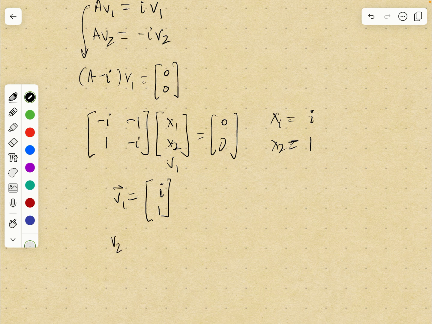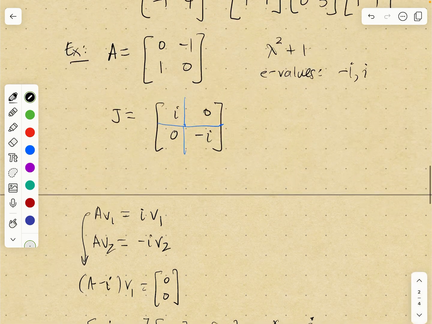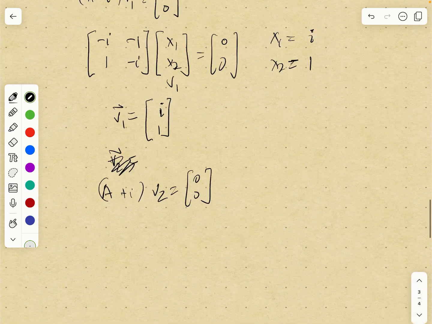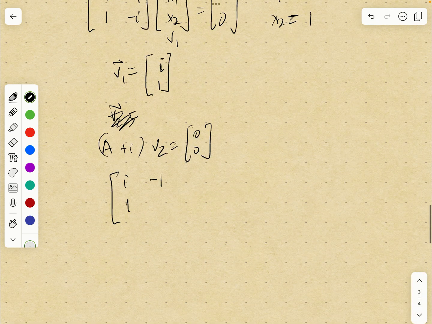And then our vector V2: you have A plus i times V2 is 0, 0. A plus i is going to be i, negative 1, 1, i.